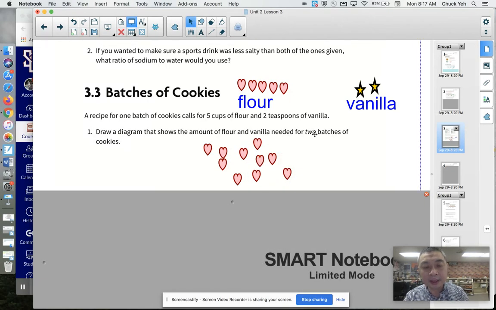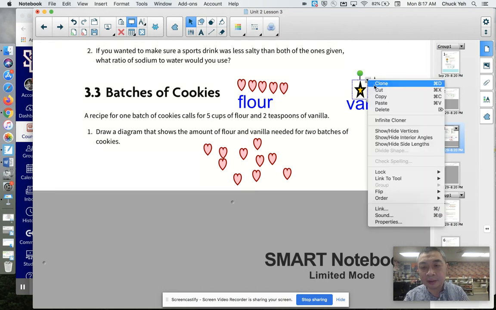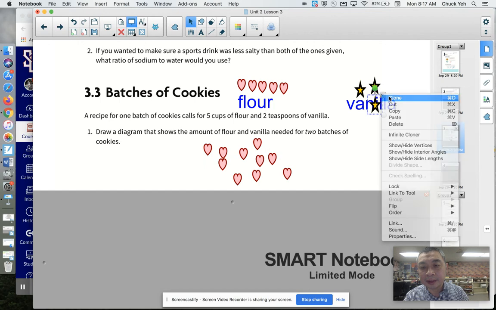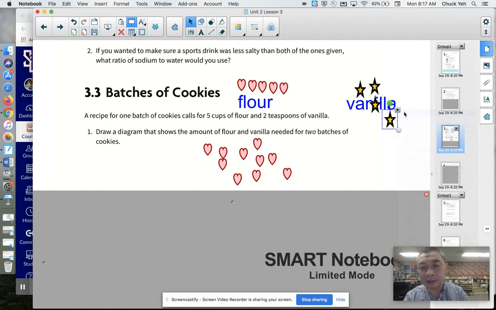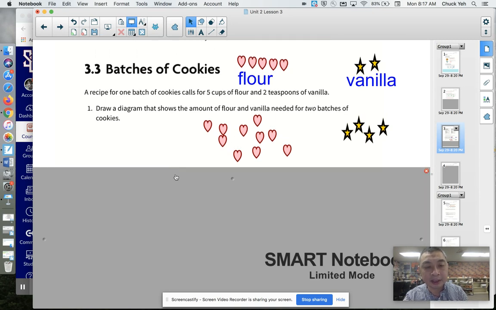And then for 2 batches, vanilla would just be 4. So 10 to 4. Right here, that would be 2 batches. So again, if 1 batch is 5 to 2, 2 batches is 10 to 4. See that? All right.